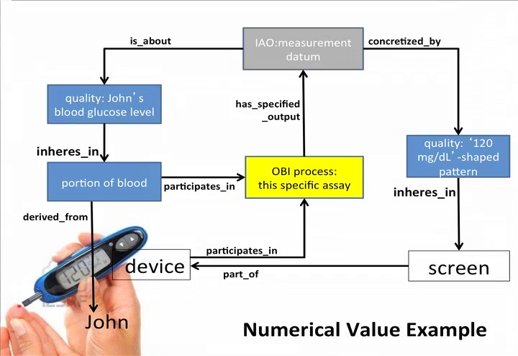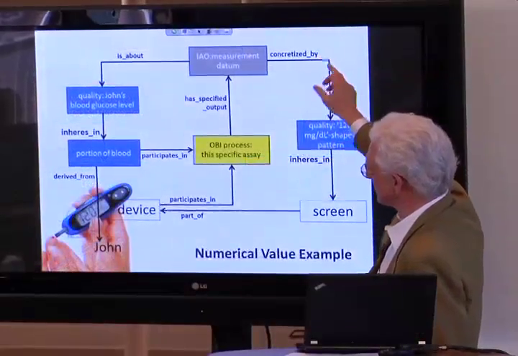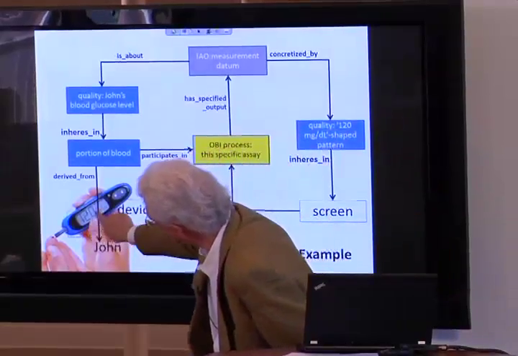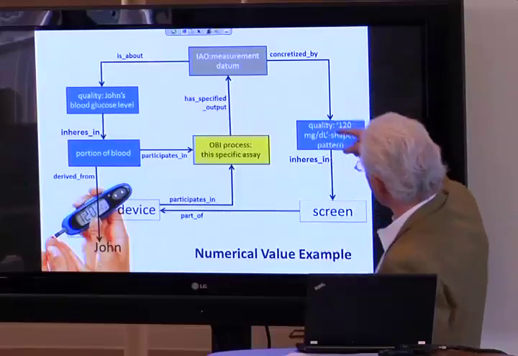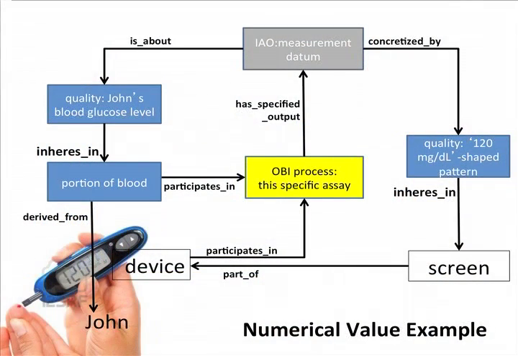But as it happens, it's concretized, it's made concrete, in this particular case, by this two-dimensional pattern on this particular screen here. So we have the quality, which inheres in the screen, which is a two-dimensional pattern, which is shaped like this, 120mg/dl.